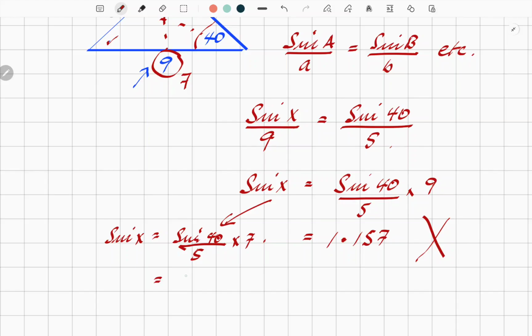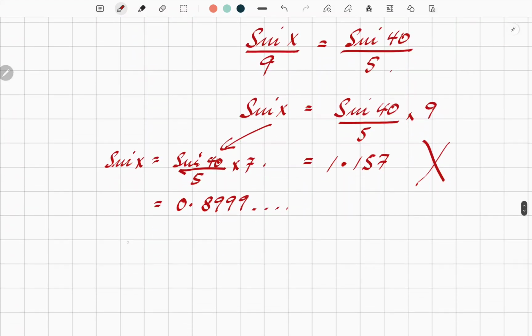So 0.899, and so on. All right? And so x, with my little rejigged triangle now, is going to be inverse sine of this 0.89, which is effectively 0.9.